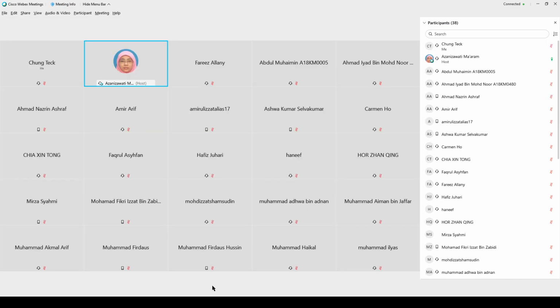Saya lukis tempat lain lah sekejap. Tadi saya dengar ada seorang yang gelakkan suara saya. Siapa yang gelakkan suara saya tadi?